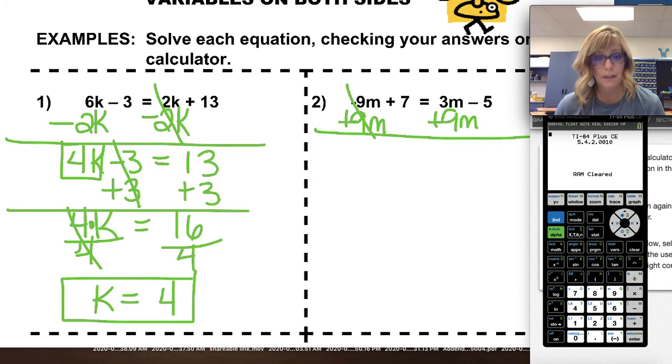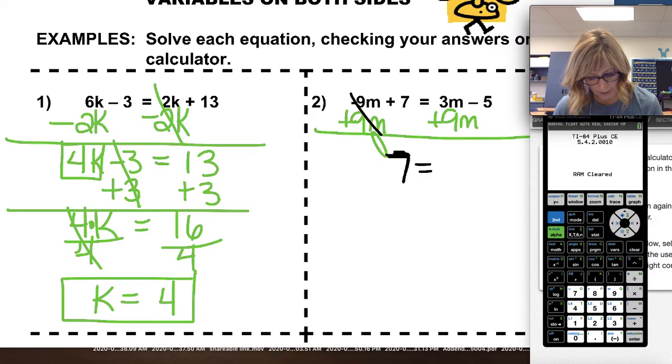That would cancel out the 9m's, and then you're left with 7 equals, and then 3m plus 9m is 12m, and you still have the minus 5.